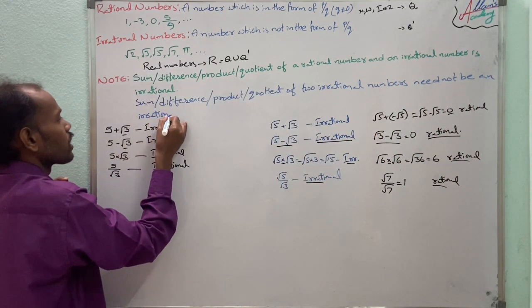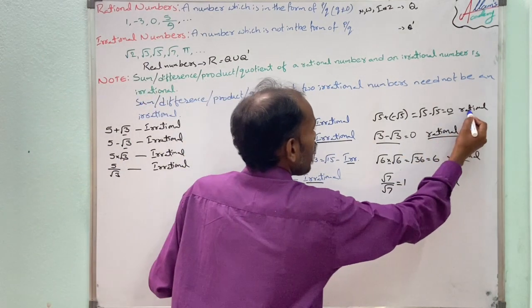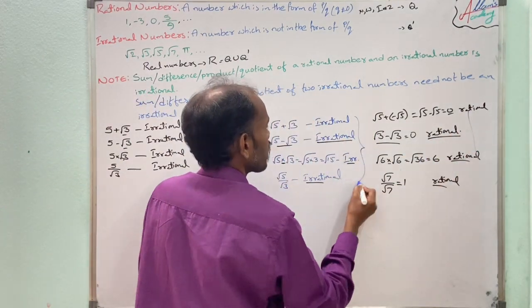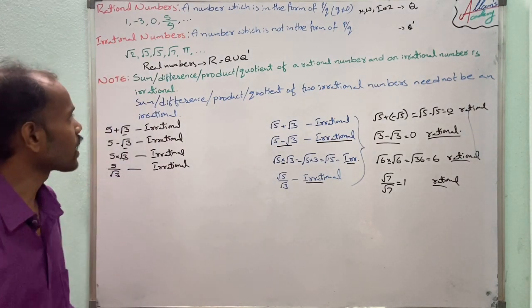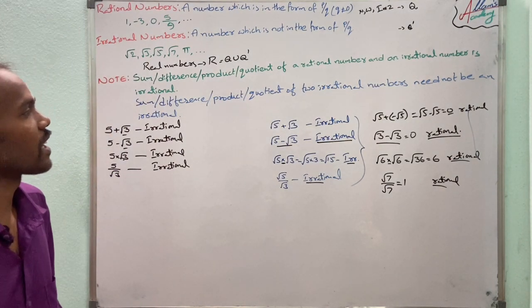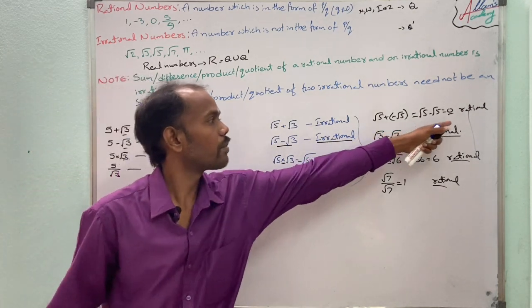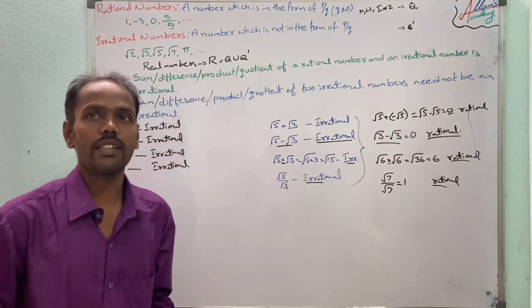Why? Because that may come rational, otherwise irrational. So any one may come. So here we can't say exactly, that may come rational, otherwise irrational.